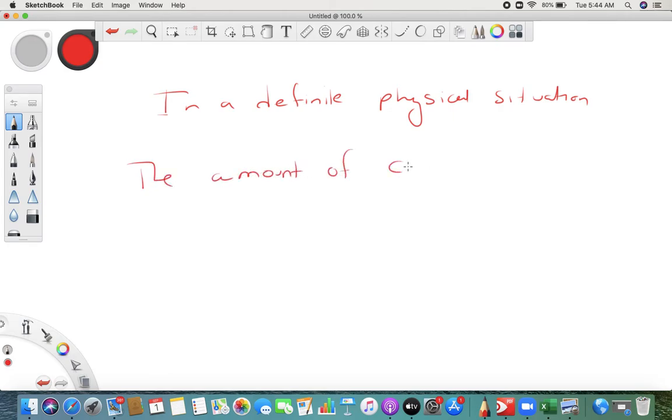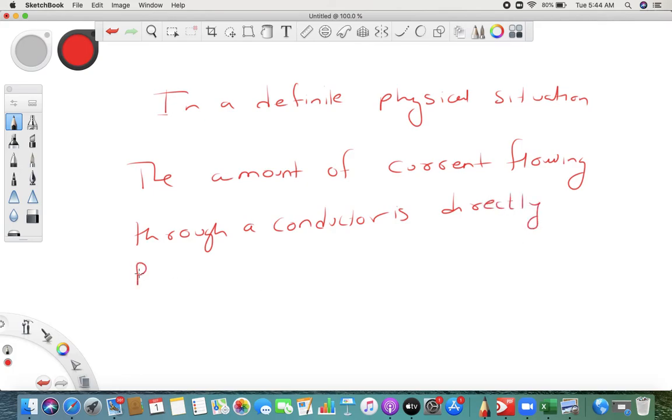Let me write it down again. In a definite physical situation, the amount of current flowing through a conductor is directly proportional to the potential difference applied across it.